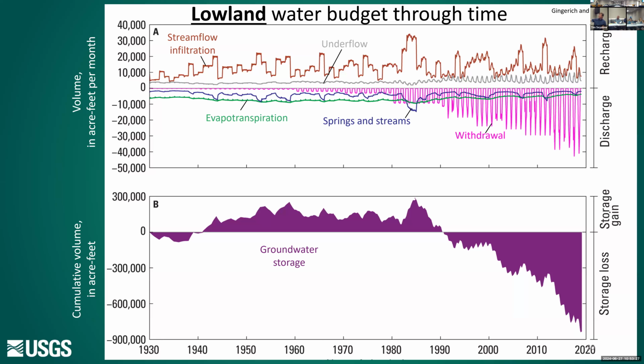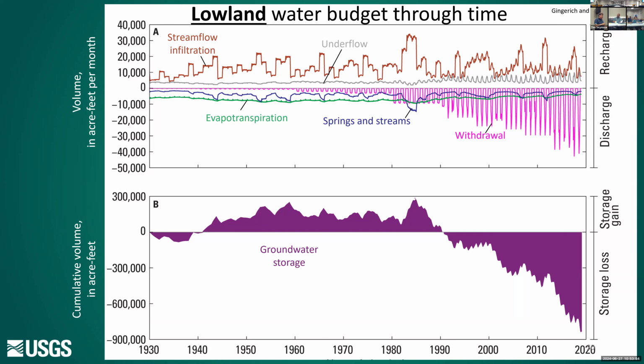Comparing to the 1930 condition, as we go through the 30s, a dry period, we have a pretty small decline in storage. We have less water coming in, water levels drop, and water comes out of storage. Then from the 40s up through the 90s, we were in a period of groundwater surplus, I guess you could call it. So the storage was high.